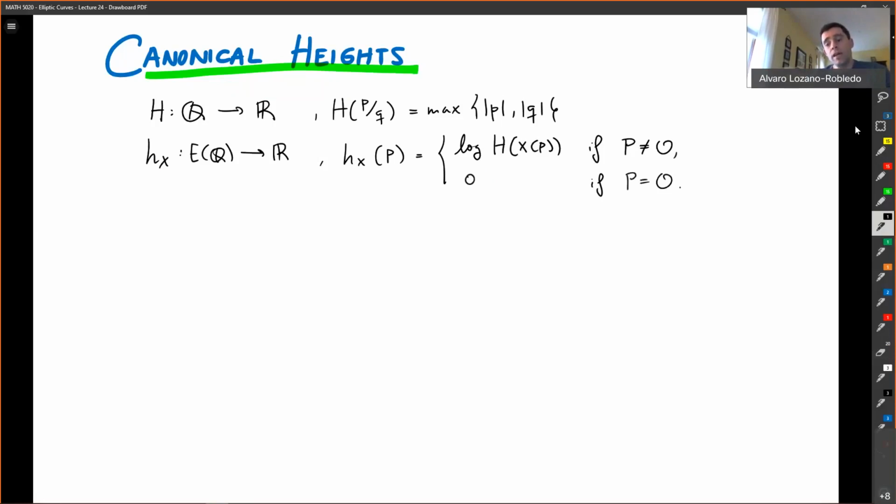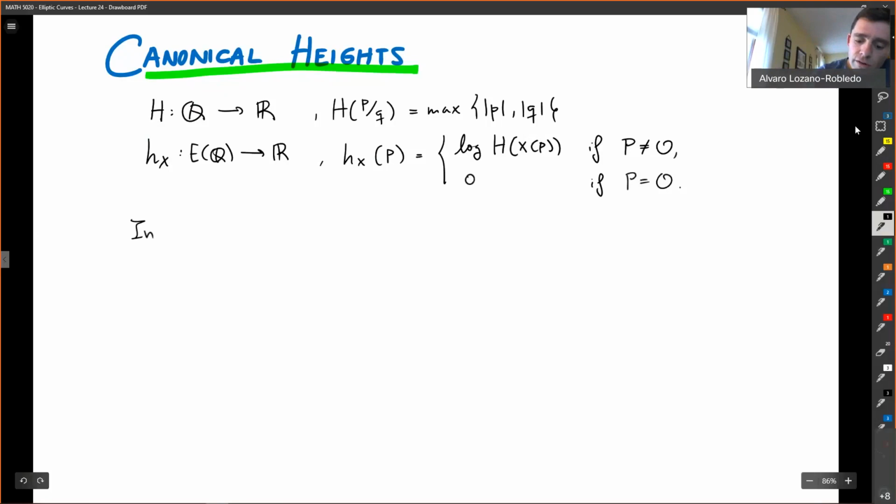In short Weierstrass equations, the x coordinate of P is the same as the x coordinate of minus P. In long Weierstrass equations it's the same thing: the y coordinate is not simply minus the y coordinate, but the x coordinate is the same. So x is one of the even functions on E, but you could pick any other.